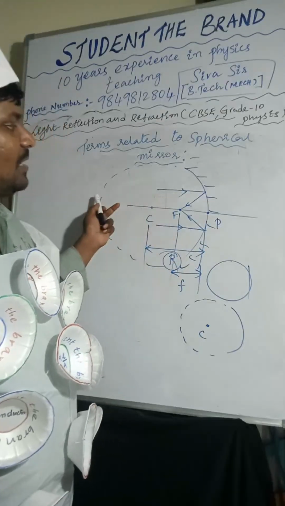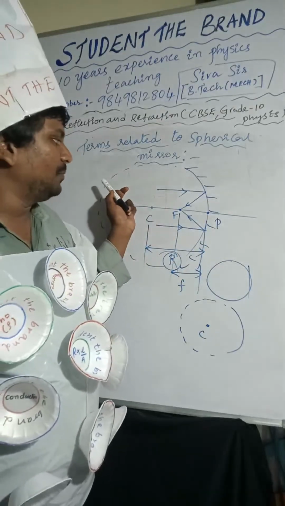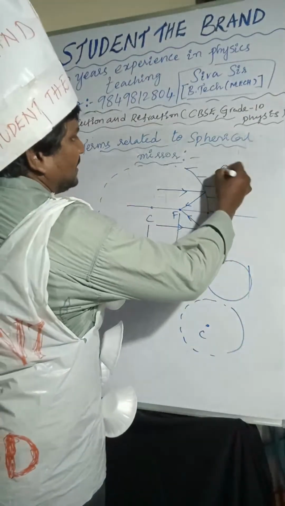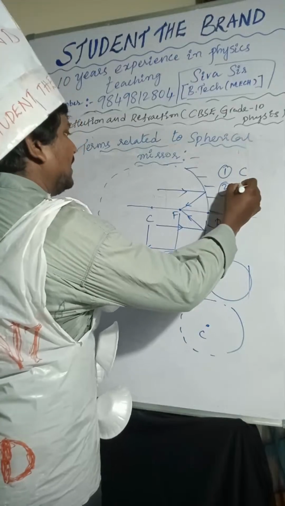These are the points, and this is very important. What are the points we are discussing? First is the center of curvature. Second is the pole.